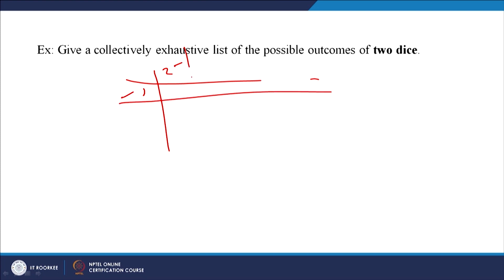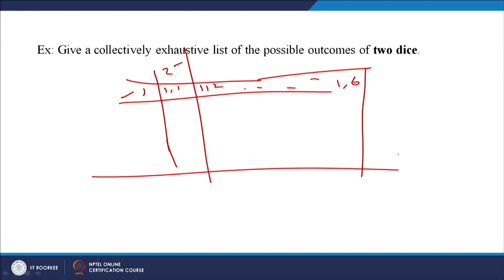So, the outputs are, let us say on first you are getting 1 and then on second also 1, then on first 1, on second 2 and so on, right. So, on first 1 and on second 6, is not it. Let us say 2 1, 2 2 and so on, right, 2 6.